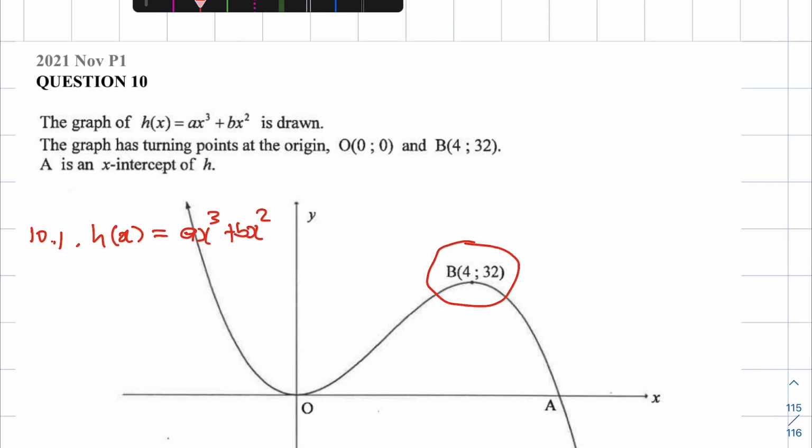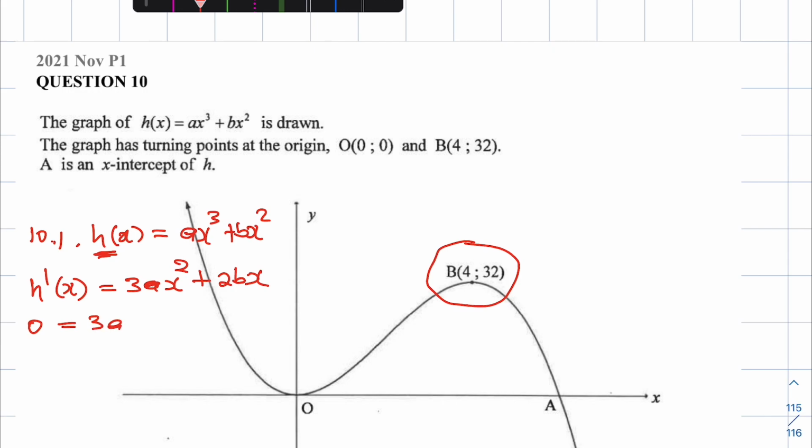So let's start with the first equation. So we'll make a derivative of this equal to 0. So h prime x is equal to, this will become 3ax to the power 2 plus 2bx. Then we make this equal to 0.